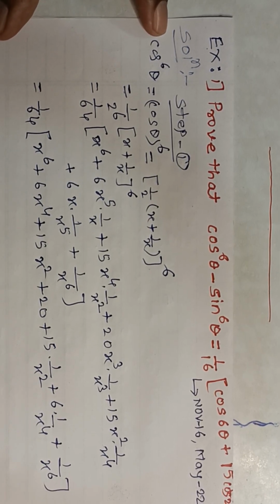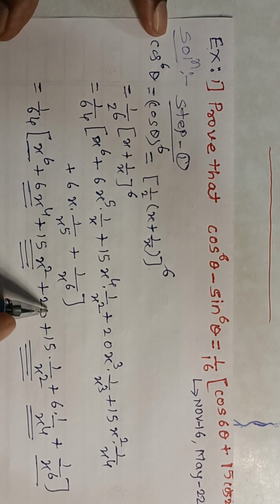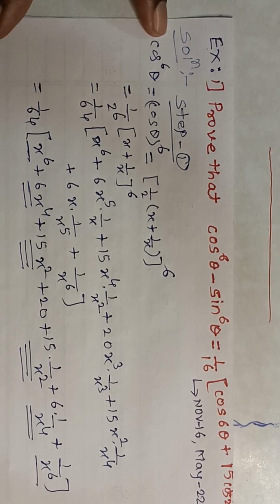Now we have to collect first term and last term, then second term and second last term, third term and third last term. The middle term remains as it is.